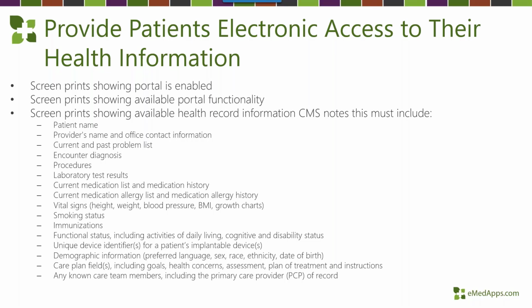So you'll definitely want to make sure you have that information available, screen print showing that. If you have additional setup that you have to do within your application, you'll want to make sure that's available as well.